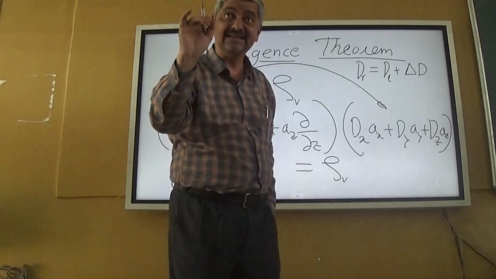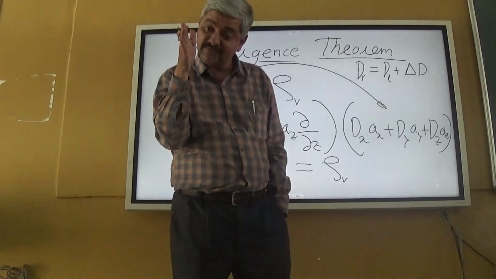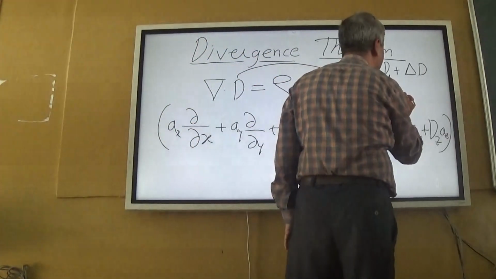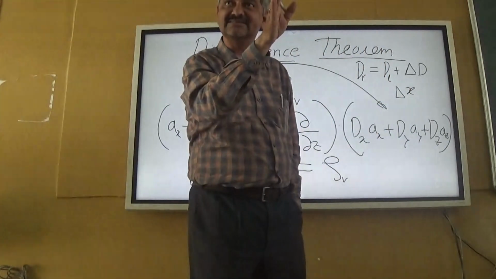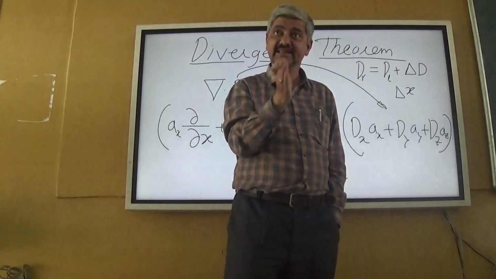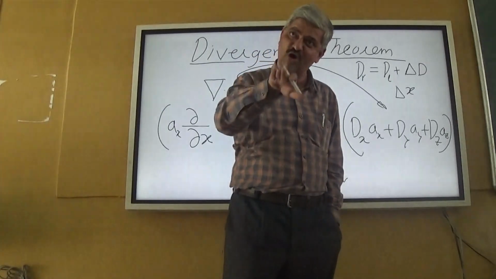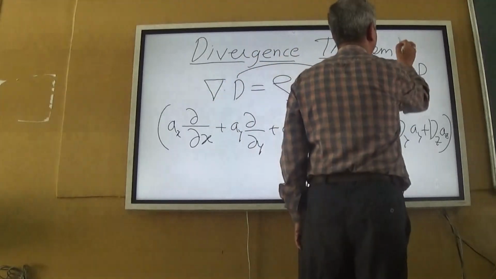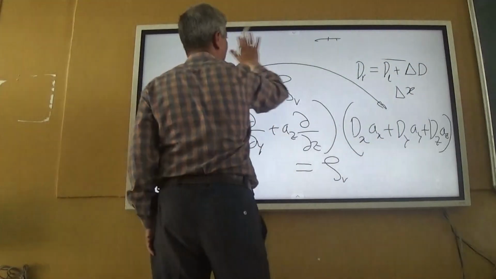Then this delta D, and what is the difference between left face and right face? The distance is delta x. If delta x is sufficiently small, then I can write delta D. I am trying my level best.